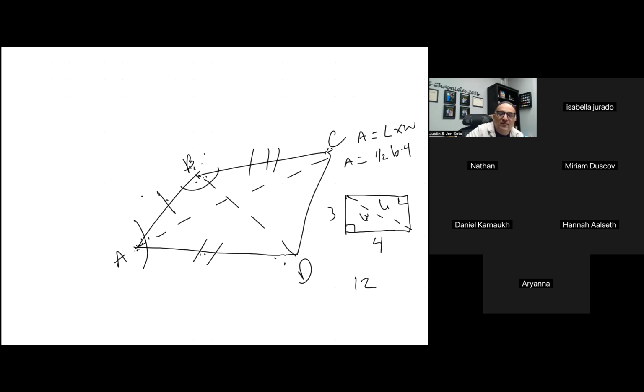We also know that this would be a right triangle, right? A squared plus B squared equals C squared. So we have 9 plus 16 equals 25. And the square root of 25 is 5. That's how you get the length of this hypotenuse. The area of this is 6 units squared.